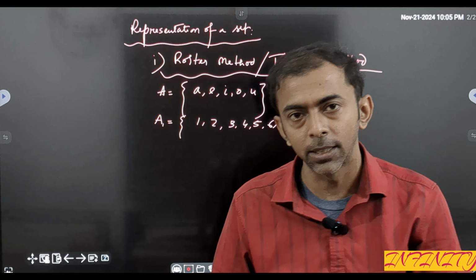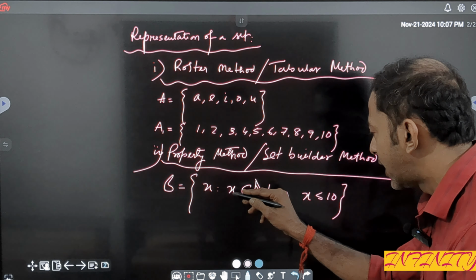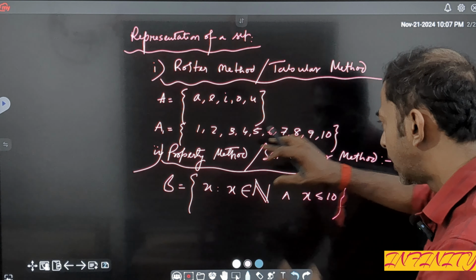That is, we are writing all natural numbers up to 10: 1, 2, 3, 4, 5, 6, 7, 8, 9, 10. Those same numbers you are writing in this way. This is our set builder method or property method.